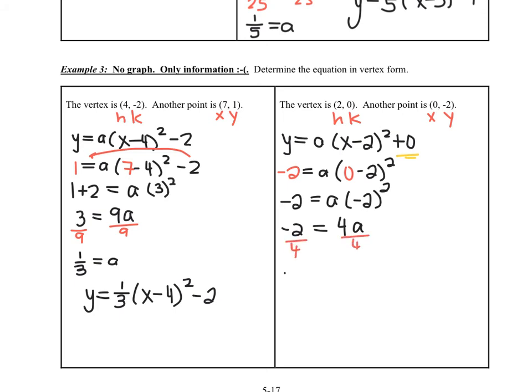And I get an a value, once simplified, to be negative a half, which means our parabola is opening down because it's been reflected, and it's also been compressed by a factor of a half. So that your final equation, y equals negative 1 over 2, x minus 2 squared. I'm not adding the plus 0.